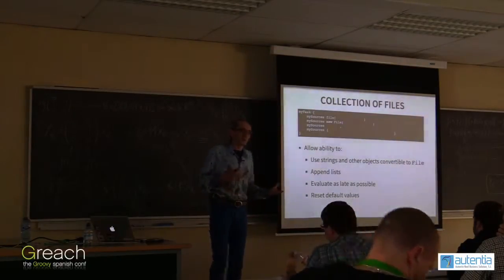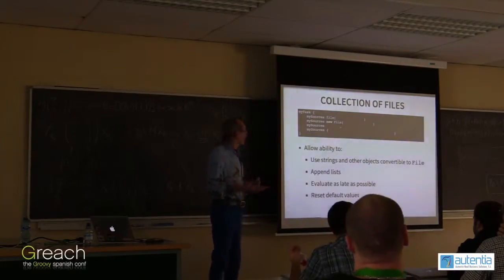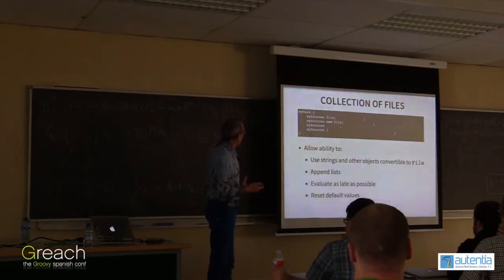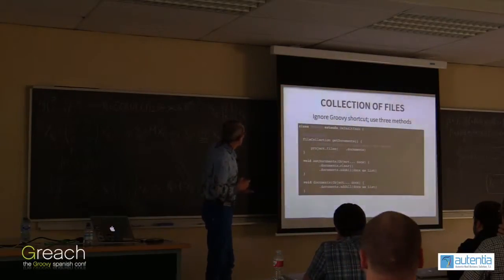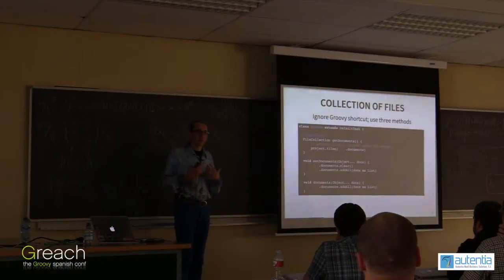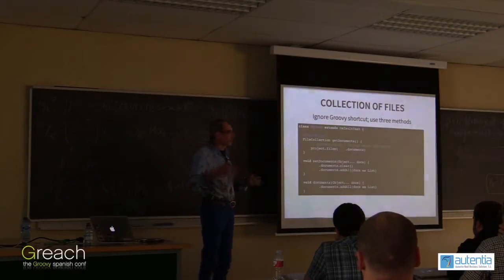Now you can start thinking, geez, how can I do all of this? It's actually a lot of work to do, but it's not really. What we actually do, at the point where you start the collection of files, is ignore the Groovy shortcut which gives you getters and setters. Write the methods yourself.